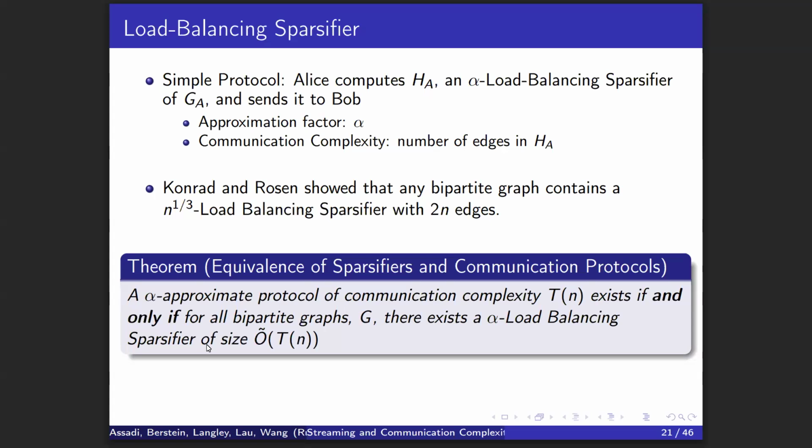Namely, we show that an alpha approximate protocol for the load balancing problem of communication complexity T of n exists if and only if for all bipartite graphs G, there exists an alpha load balancing sparsifier of size O tilde T of n. So in other words, the communication complexity of this problem is large if and only if there exists some graph that cannot be sparsified.